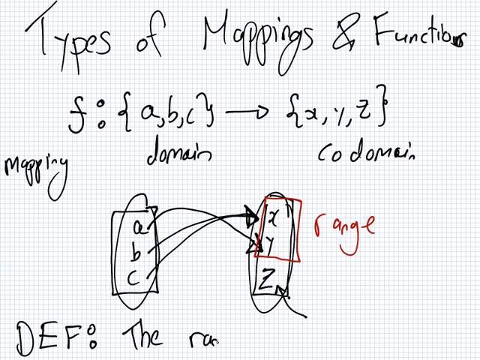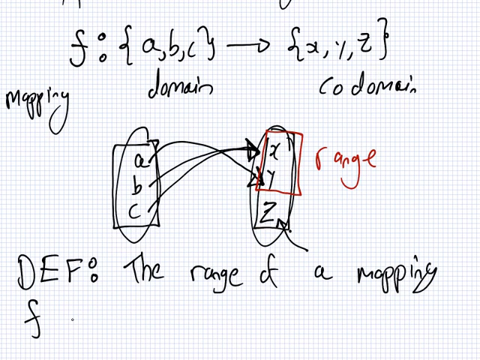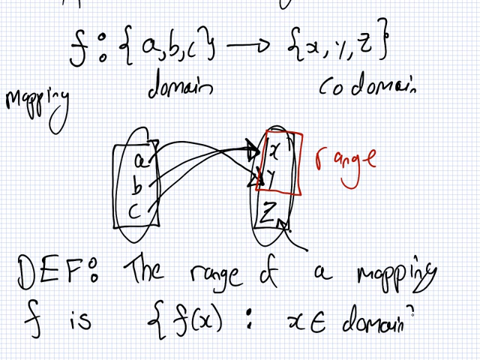The range of a mapping f is f of x where x is in the domain. So simply put, the range is all the values of f of x.